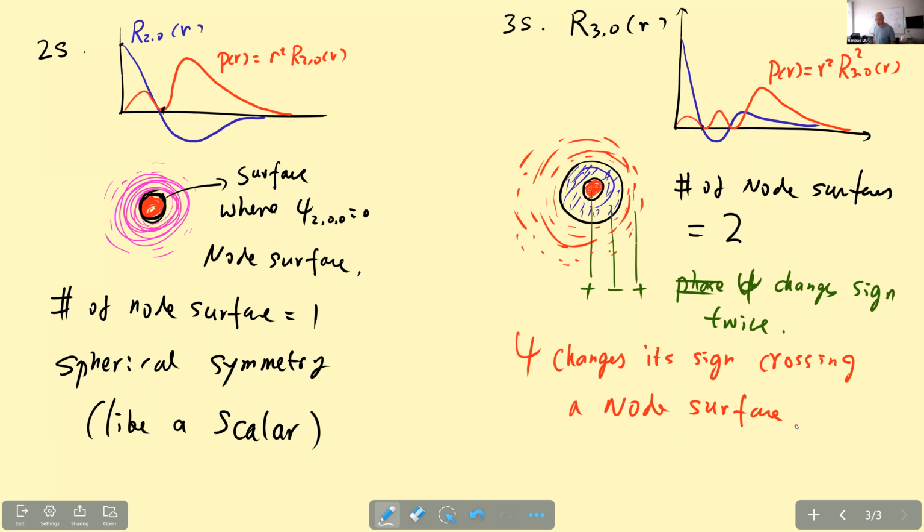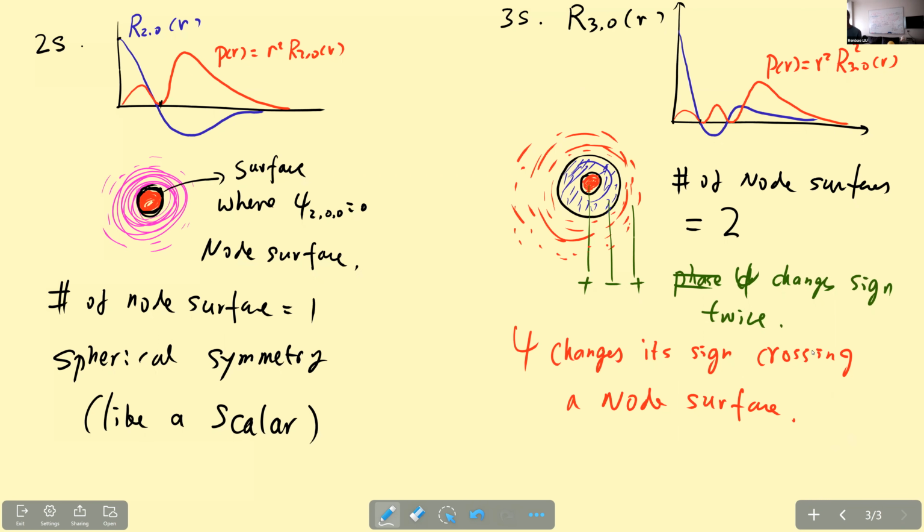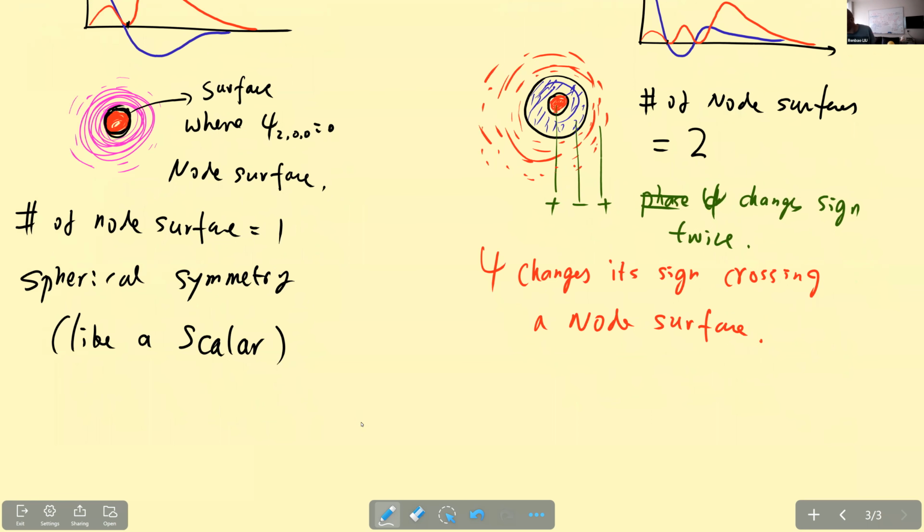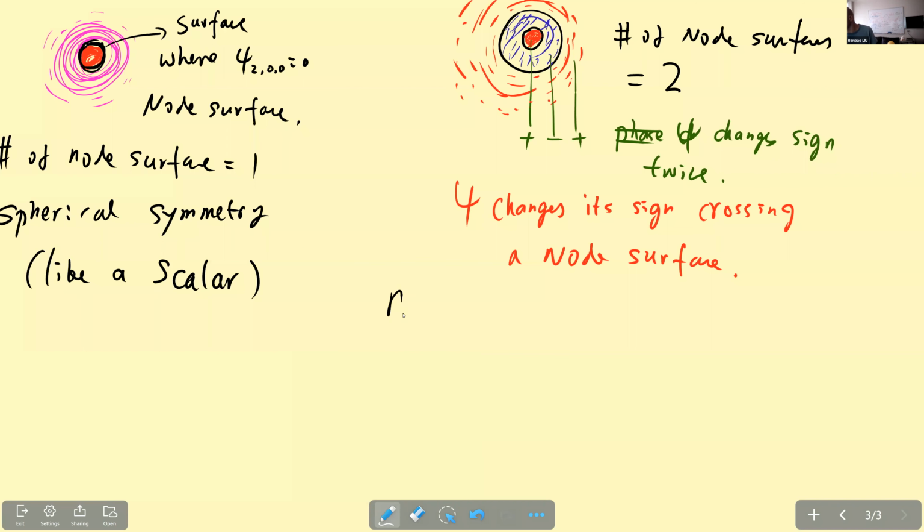Right. Of course, you can continue this one to the 4s. Okay. So I will not do that one. So I leave it to you to consider those things. Okay. And then you may ask a question. So you can see that as n increases, the number of node surfaces increases, right? So actually, it equals to n minus 1, in this case.